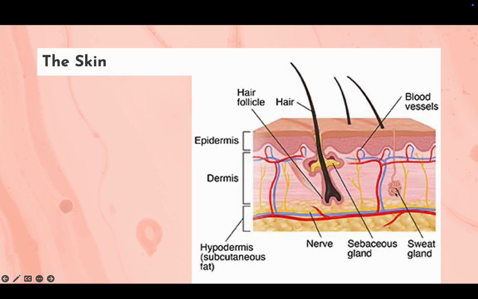The other gland you're looking for, the sudoriferous or sweat gland, is right here. This is a sweat pore to the surface, so that's the way to tell the difference between the two glands. The one that's all by itself is the sweat gland, and the one by the hair is the sebaceous gland.